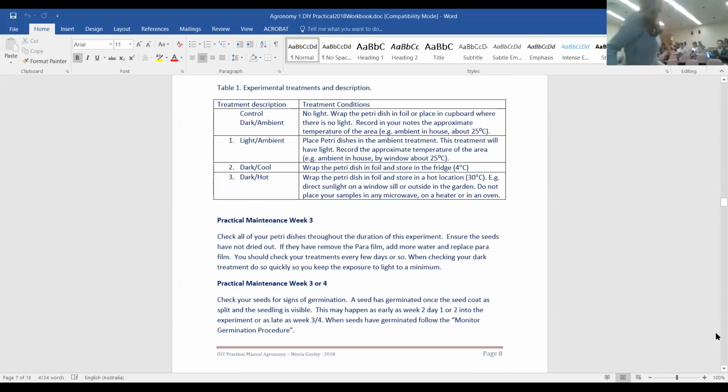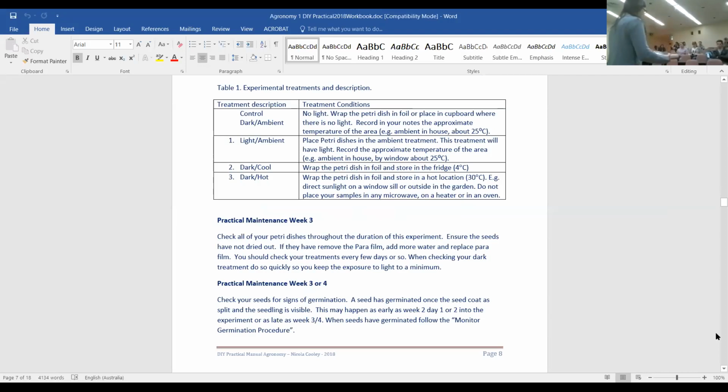In your DIY practical on page 7, there is a list of treatments, and the first one I've called the control, and that will be at room temperature and in the dark. You can just put it somewhere it's not going to get disturbed. It can be covered, or it can be on a desk or on top of the fridge.